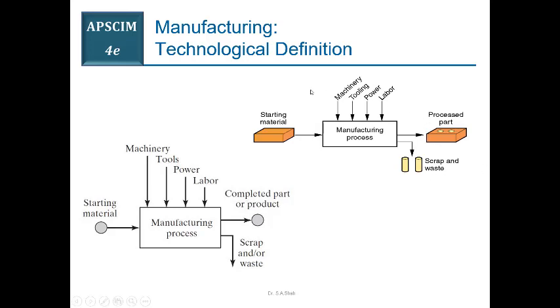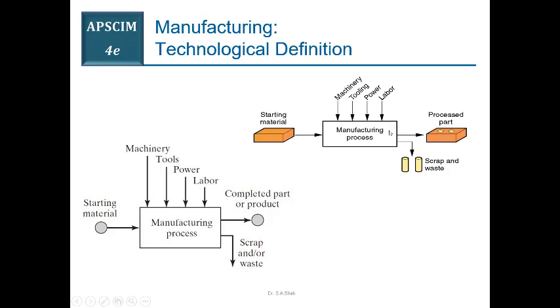So this is a schematic block diagram that shows the technological side of the manufacturing system. You have a starting material, and that starting material undergoes different manufacturing processes within a manufacturing system.